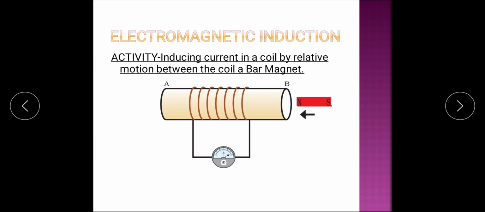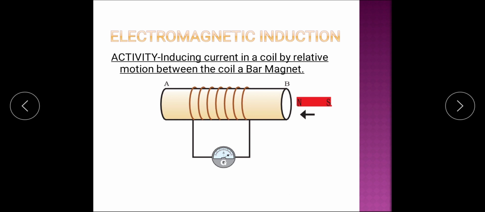In this activity, I have taken a coil and I have inserted this coil on an insulating roll. I have connected this coil with a galvanometer and I have kept a bar magnet near it.